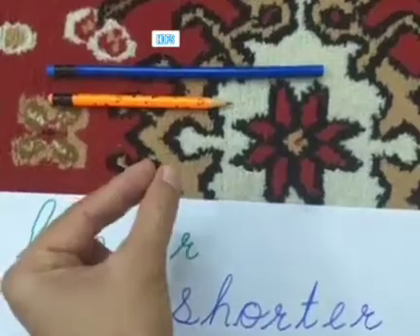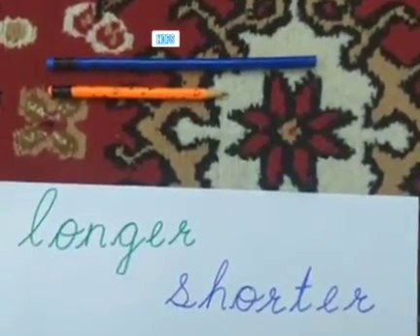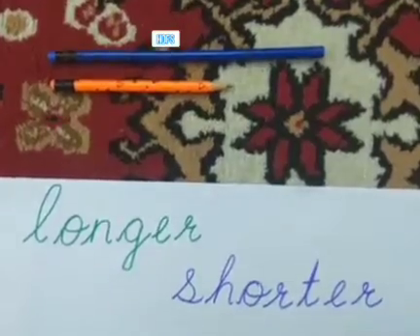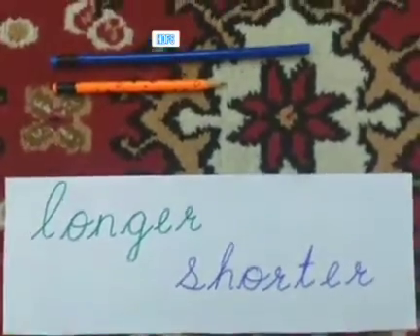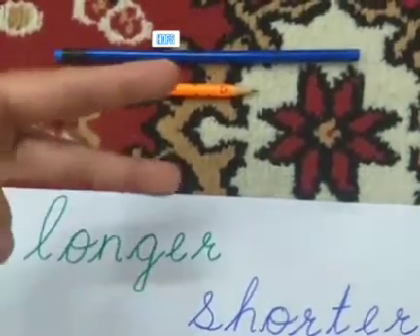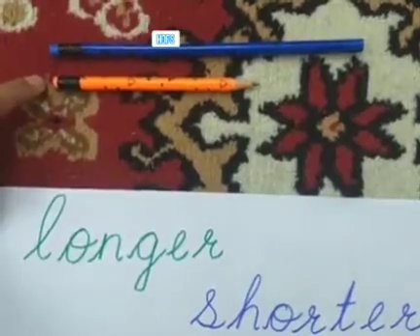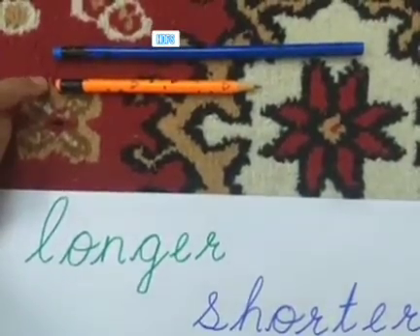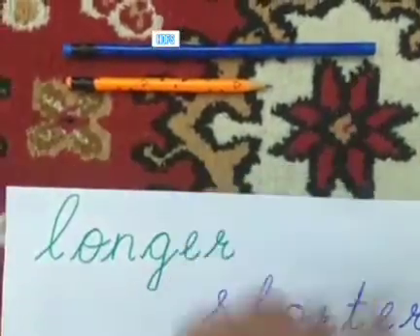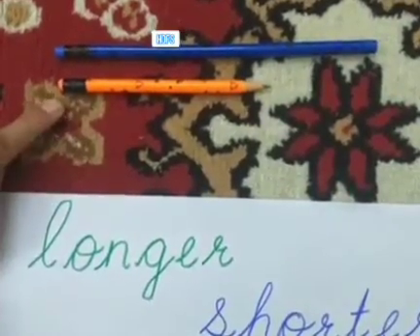So the blue pencil is long and the orange pencil is short. But now when I'm comparing the two pencils, at least I need two objects to compare. So when I'm comparing, I will say that the blue pencil is longer than the orange pencil.